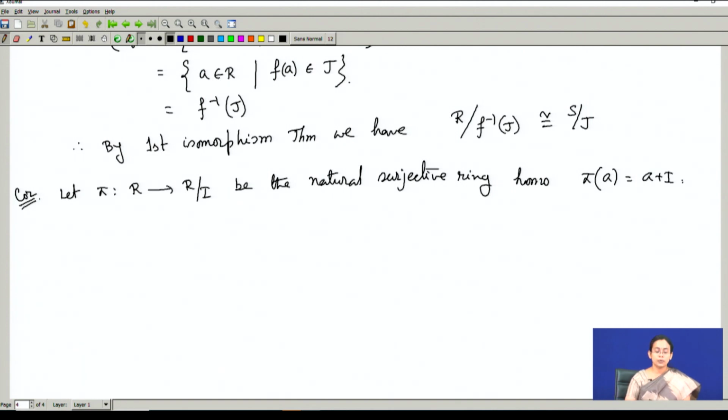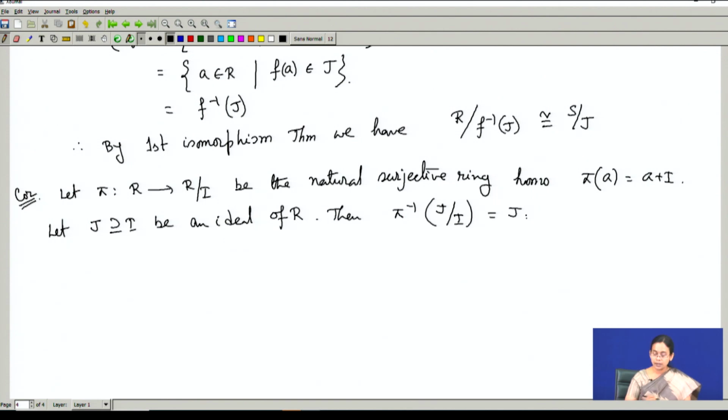Let J be an ideal of R containing I. If you look at the kernel of this homomorphism pi, it is nothing but I, and J is an ideal containing this kernel, which is I. Then this pi inverse, the pre-image of this ideal J quotient I, will be nothing but the ideal J.